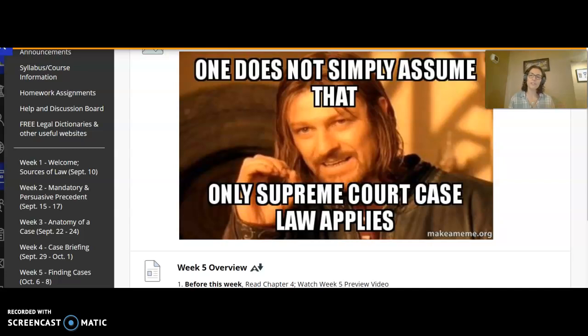And I hope you start to notice the pattern of how these cases are written with the factual background and the procedural history, the identification of the legal issue on review, and then, of course, the holding, the answer to that issue, and then the bulk of the decision being devoted to legal analysis, where we see time and again that the court begins its legal analysis by first referring to existing precedent.